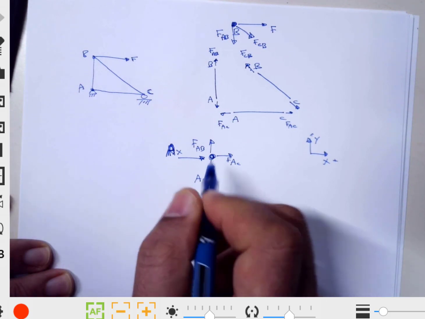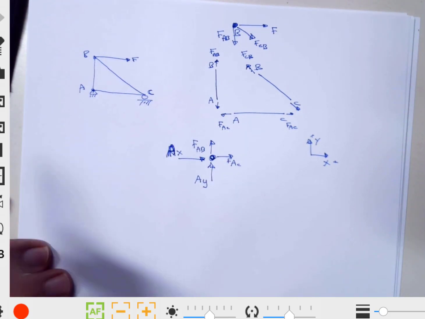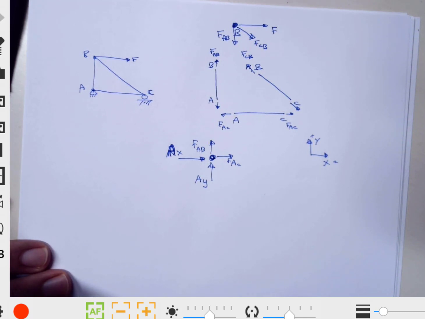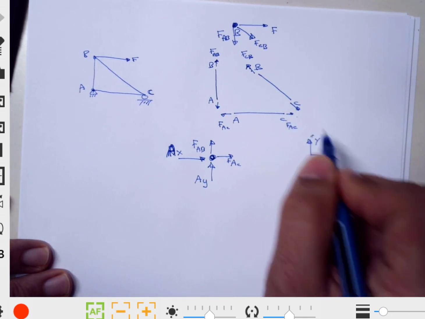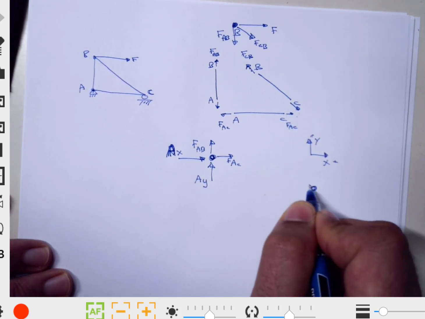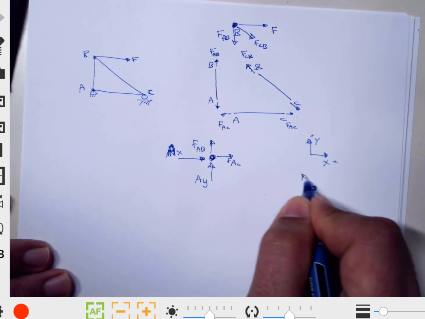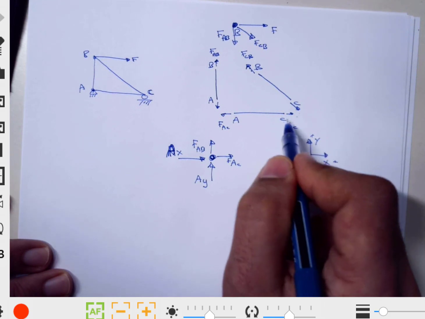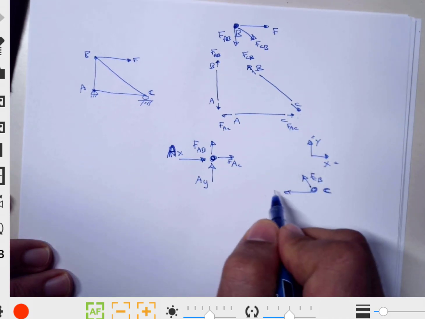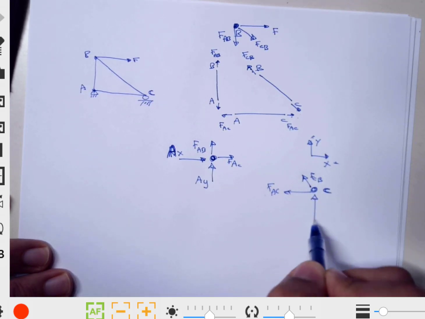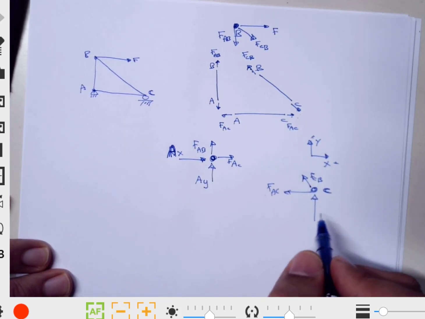These are reaction forces coming from this pin, right? We said the pin has two reaction forces. And for C, over here, opposite in direction, equal in magnitude, this is going to be FCB, and for that in here FAC, and because this is a simple support, I'm going to call it BY.